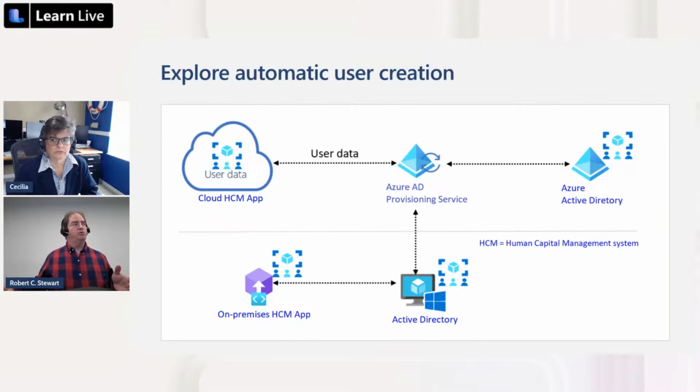It's not a requirement that you use these systems, but it is an opportunity for you if you're in an organization that has a capital management system that you want to be able to use to manage your users. And these are becoming more and more popular.